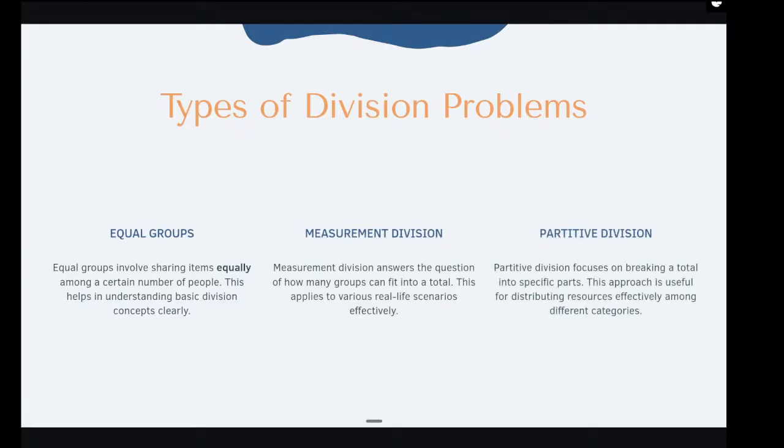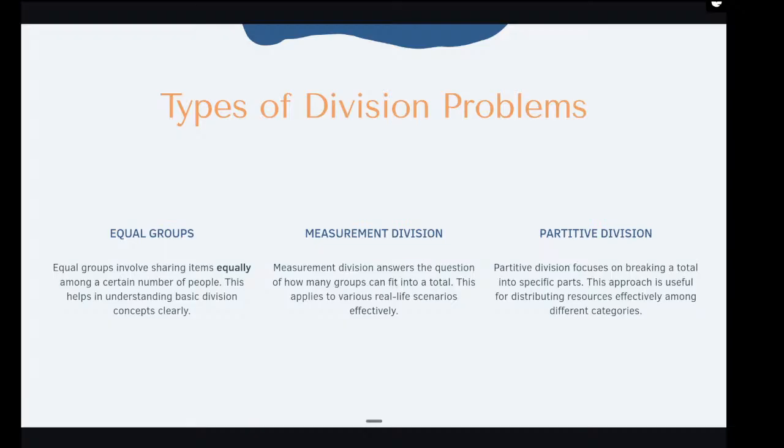Types of division problems. Equal groups. Equal groups involve sharing items equally among a certain number of people. This helps in understanding basic division concepts clearly. Measurement division. Measurement division answers the question of how many groups can fit into a total.